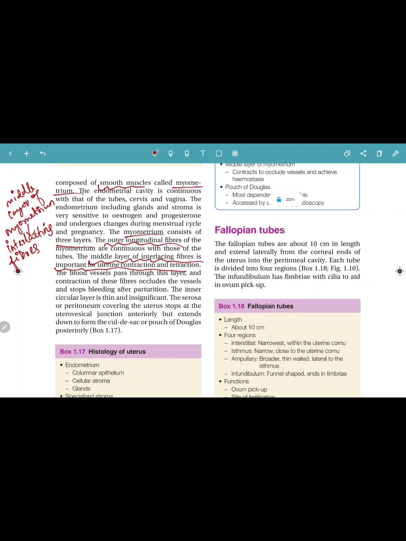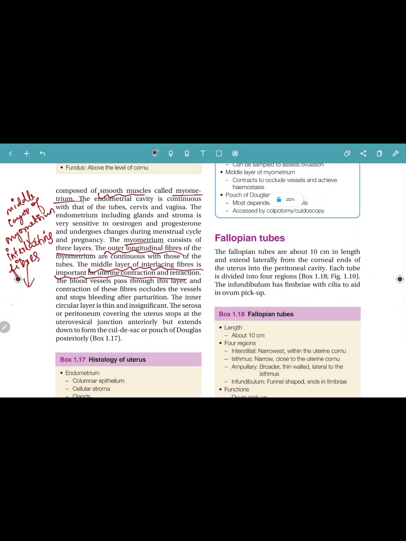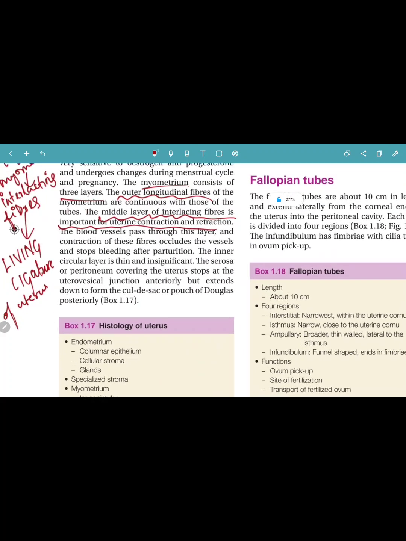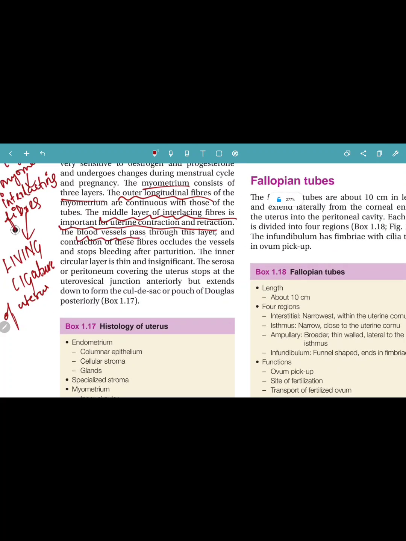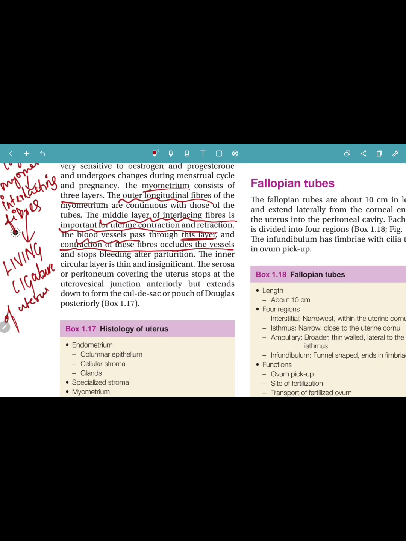That's why it is also referred to as the living ligature of the uterus. The blood vessels pass through this layer, and contraction of these fibers occludes the vessels and stops bleeding after parturition.